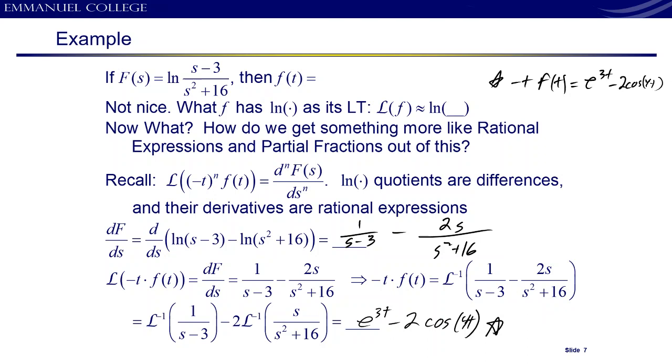Thus, in order to get my final answer for f of t, I have to divide both sides by negative t. If I do that, I end up with negative e to the 3t over t plus 2 cosine of 4t over t. If you wanted to, you could write this all over a single t, but just to keep them separate, that's what I'll do.